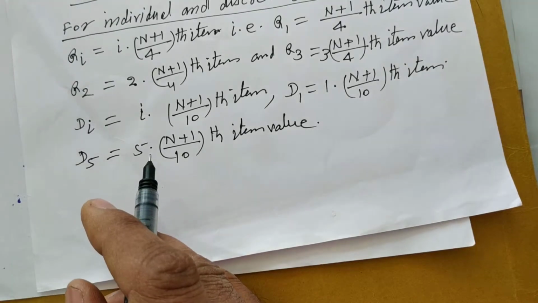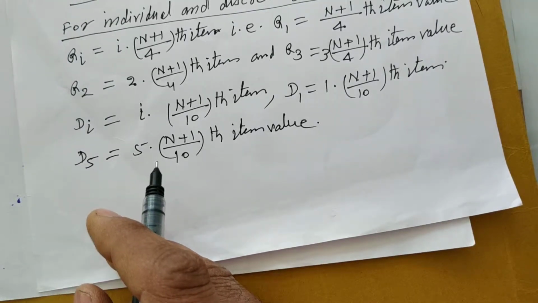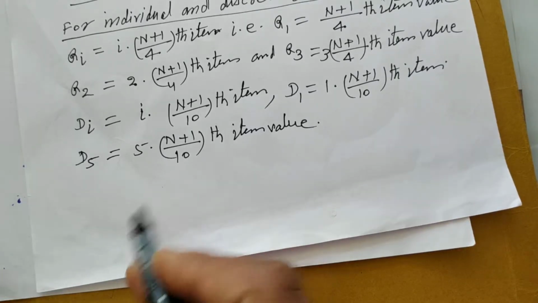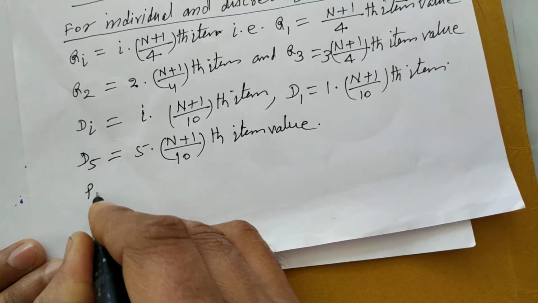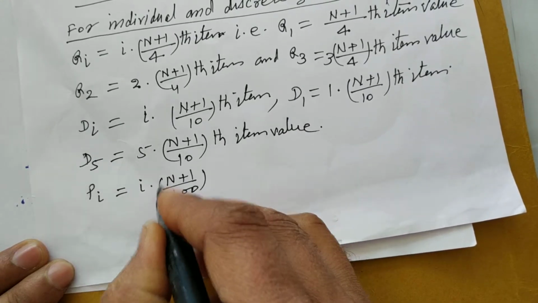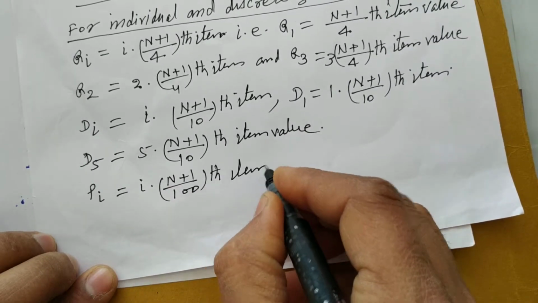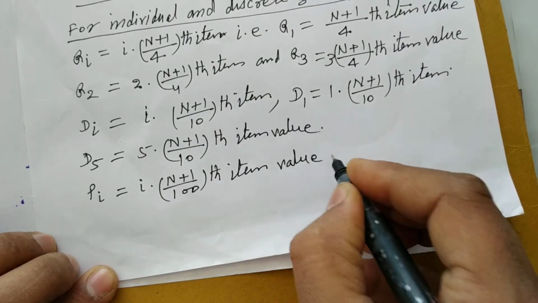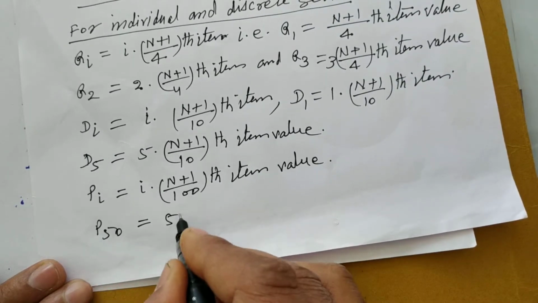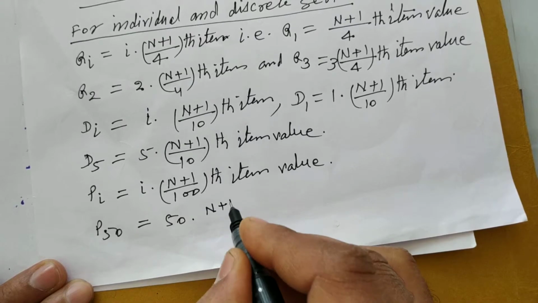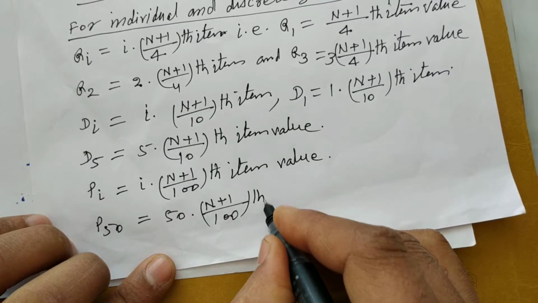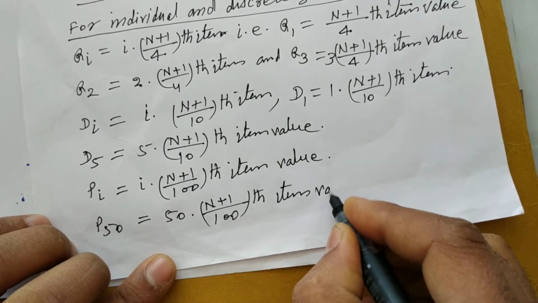Now we define percentile. The general formula is Pi is equal to i into n plus 1 divided by 100th item value. So P50 is equal to 50 into n plus 1 divided by 100th item value.